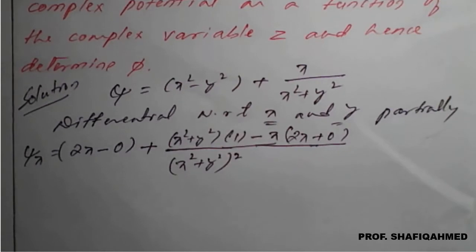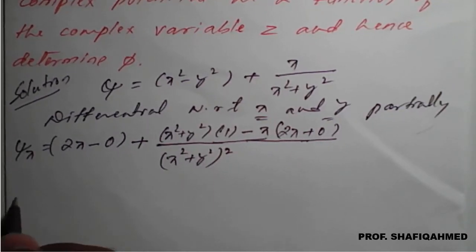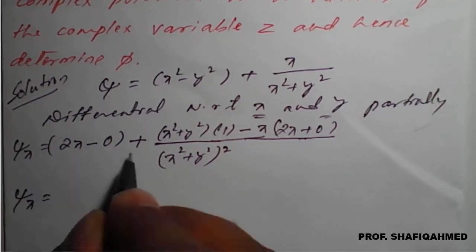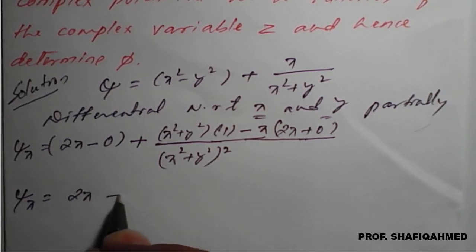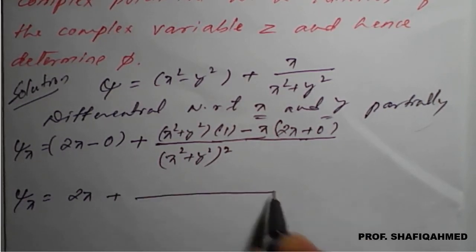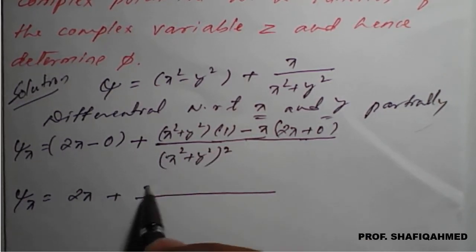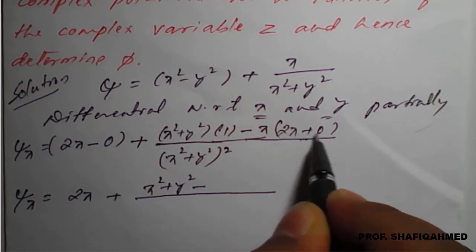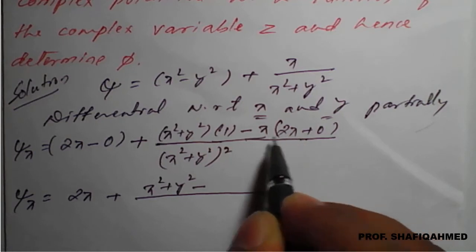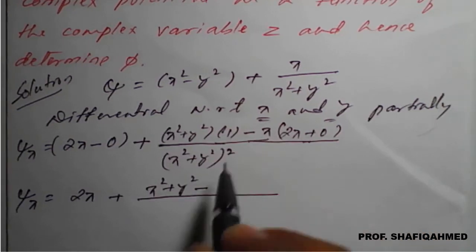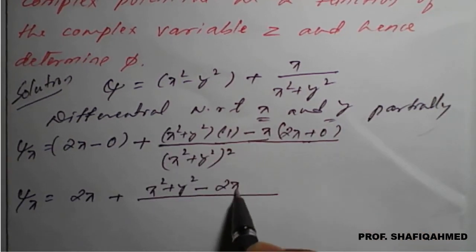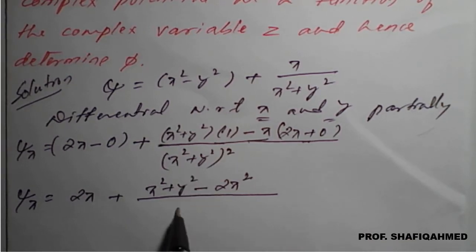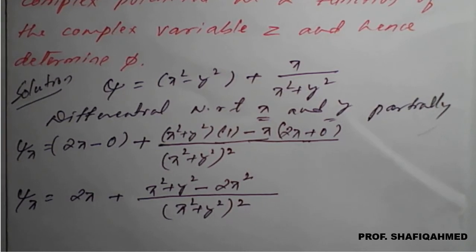On rearrangement, psi of x will be 2x plus, in the numerator, x square plus y square minus 2x into x, which is 2x square, divided by x square plus y square whole square.